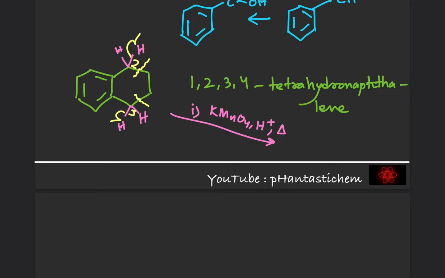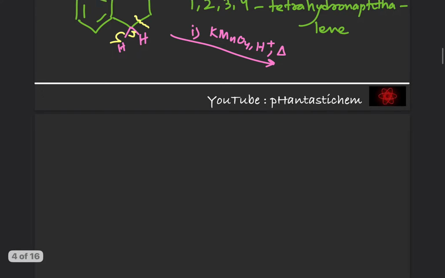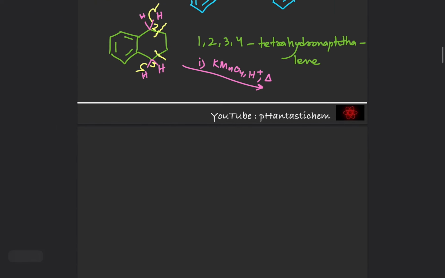Therefore we will get this carboxylic acid. So the major product will be a benzene ring with C double bond OH, C double bond OH, right? So this became a carboxylic acid, this also became a carboxylic acid group, and the cleavage happened here. The name of this compound is phthalic acid.